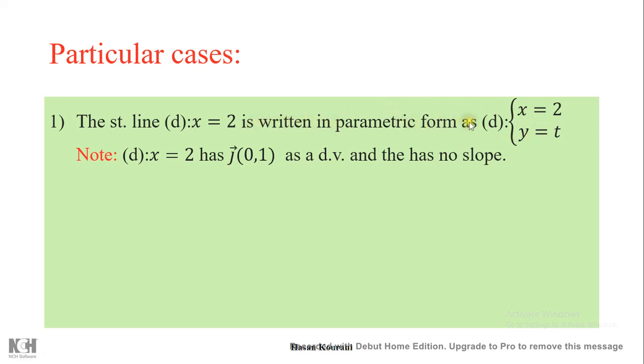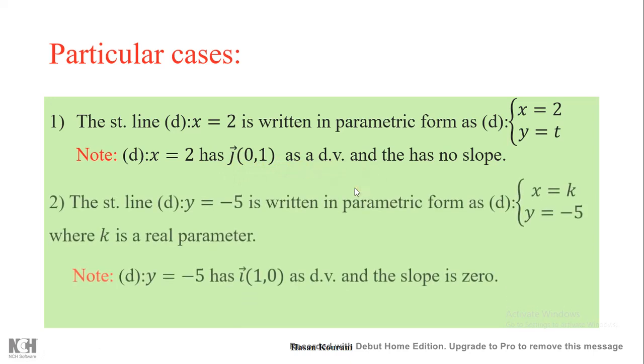We let this variable be t or k or whatever letter you want. This variable is called the parameter. Okay, this is the parametric form. And as x equals 2, this straight line is a vertical straight line, and j (0, 1) is a direction vector, and it has no slope.